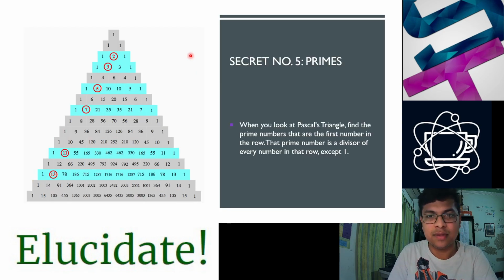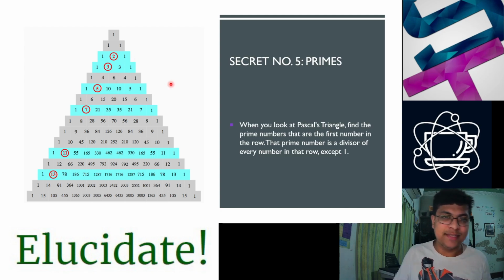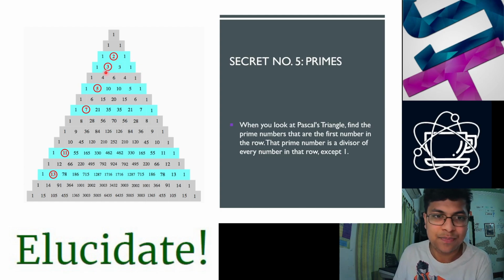And you can also find primes in this. Primes are always one of the most fascinating things about mathematics, and whenever we find primes, we think that something great is going to happen. If you go to the rows specific to a prime, like 2, 3, 5, 7, you may see that the numbers other than 1 in that row are always multiples of that prime.